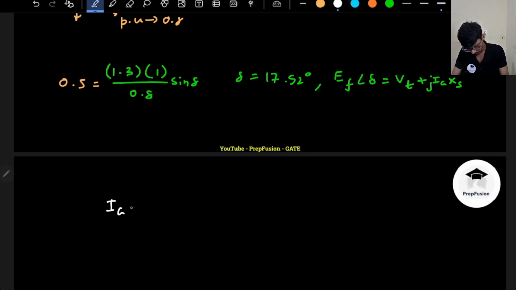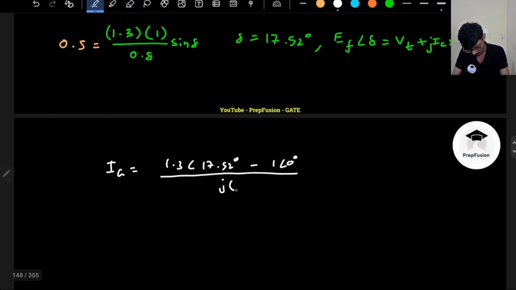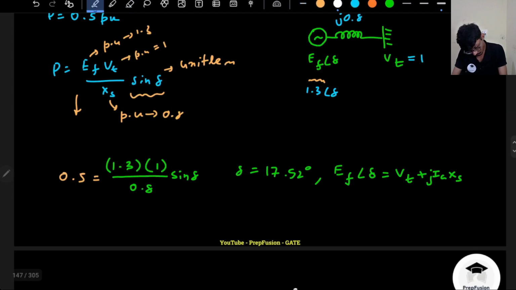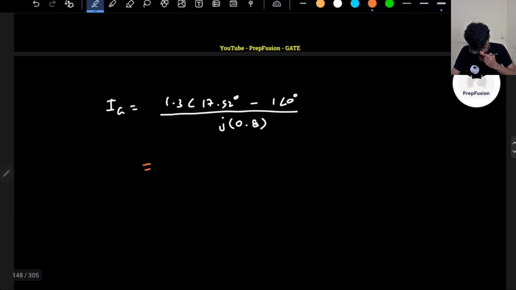So IA will be EF angle delta, so EF is 1.3, angle delta is 17.92 degrees, minus Vt, which is 1 angle 0, divided by j into 0.8.